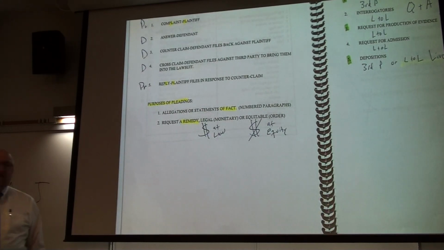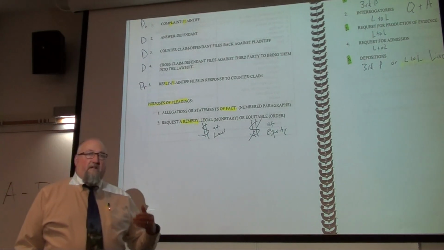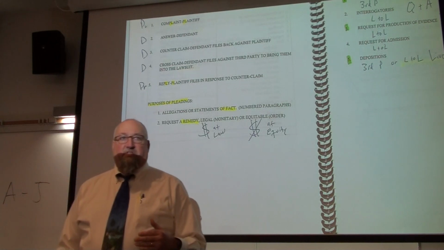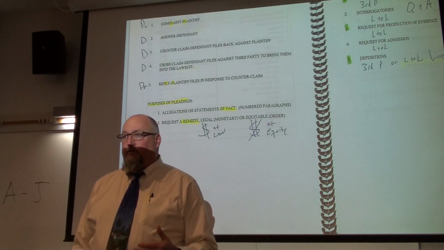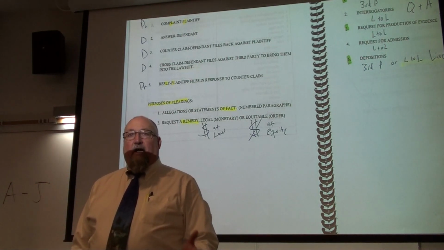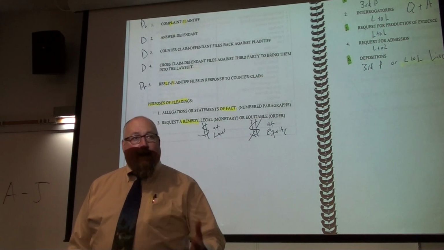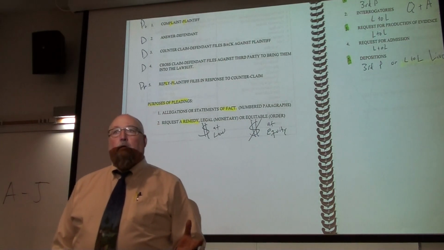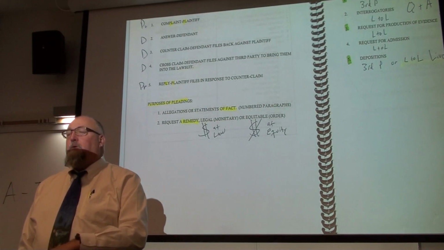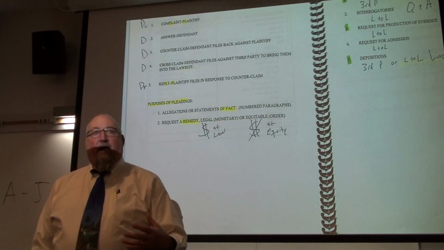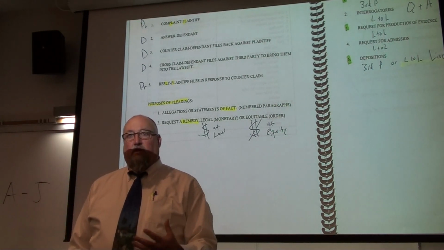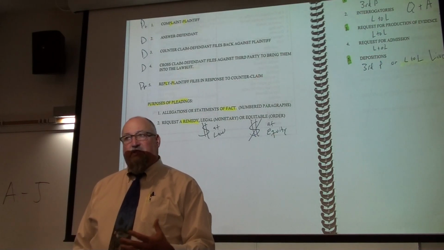The first is setting forth allegations or statements of factual issues. Issues of fact, issues of law, what happened, who, what, where, why, and when. That's what we just looked at in the complaint. So what are the facts that formed the basis for the lawsuit? Now, you're not going to list every little detail.